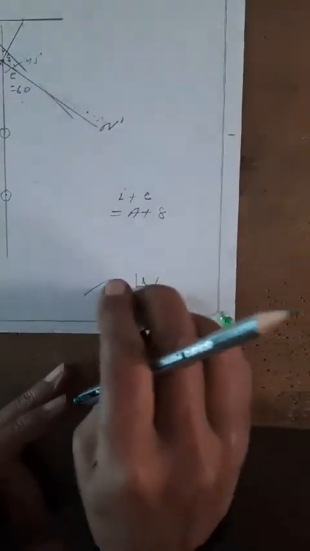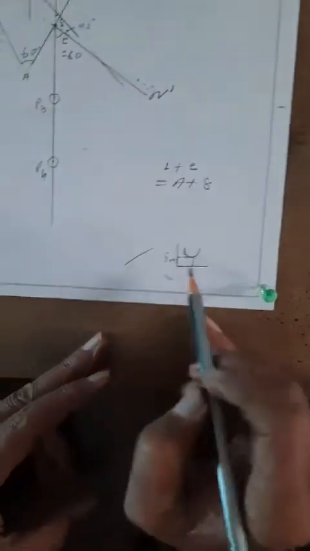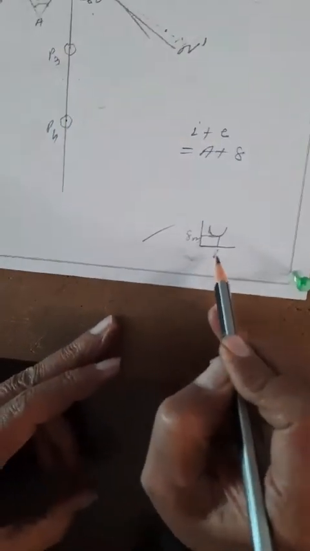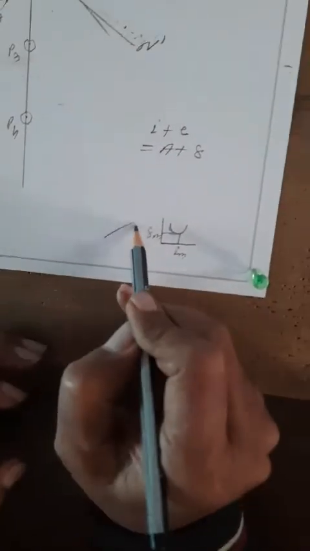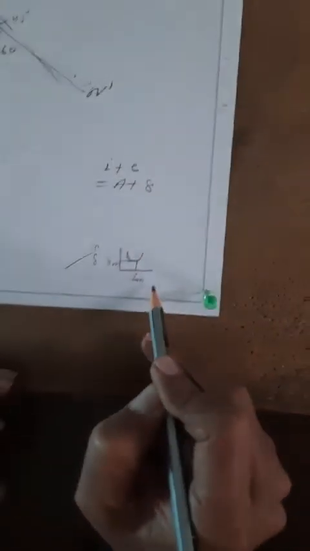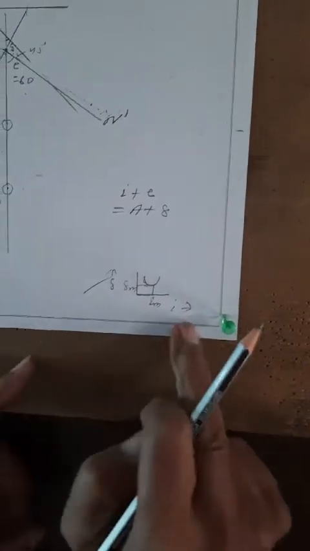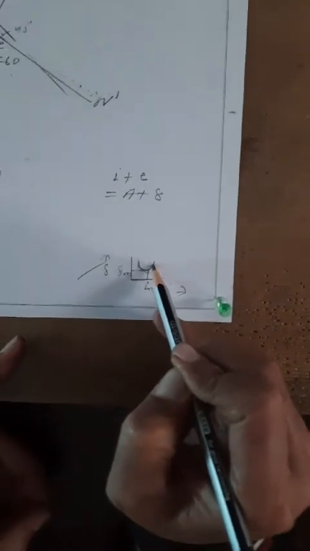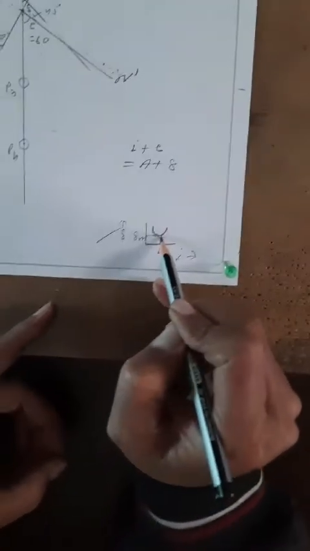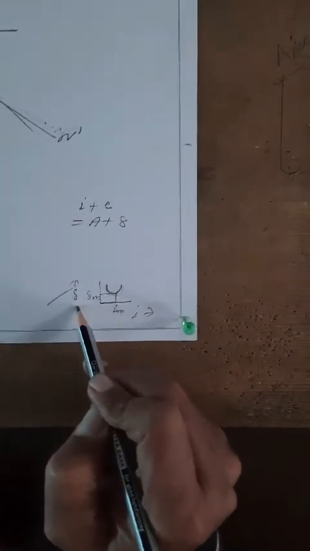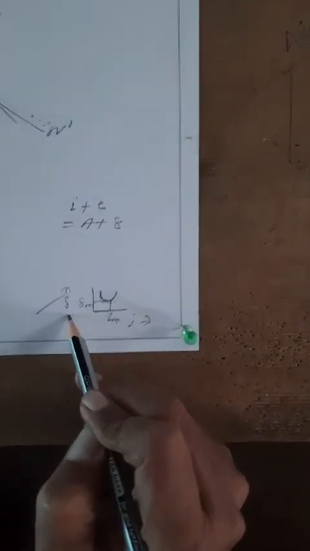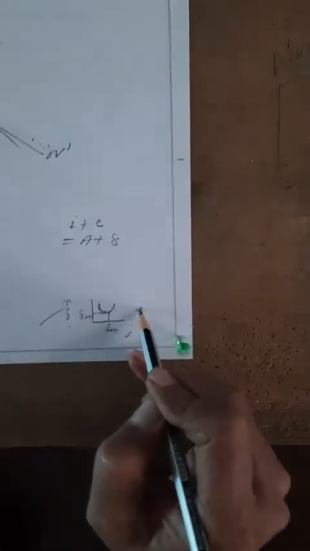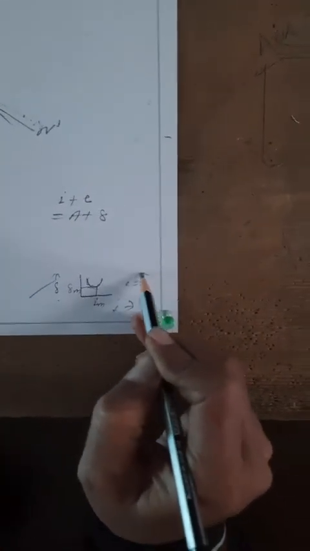The angle of incidence at which the angle of deviation is minimum is called the angle of minimum deviation. If you plot a graph between delta and I, it will first decrease and then increase. So the angle at which the deviation is minimum is called the angle of minimum deviation. In that case, I will be equal to E, only in this case.